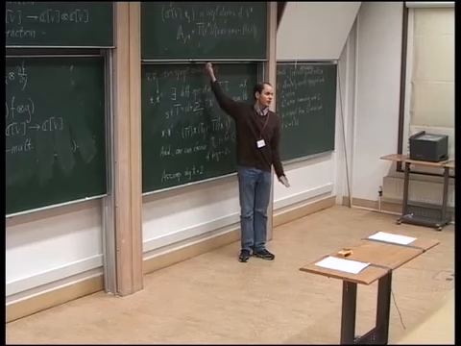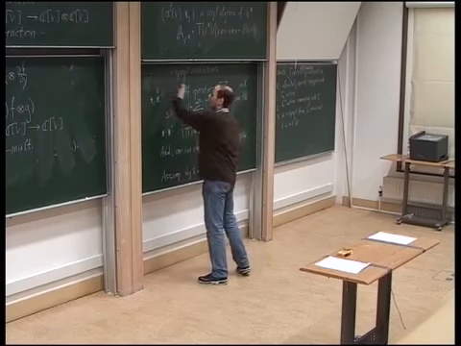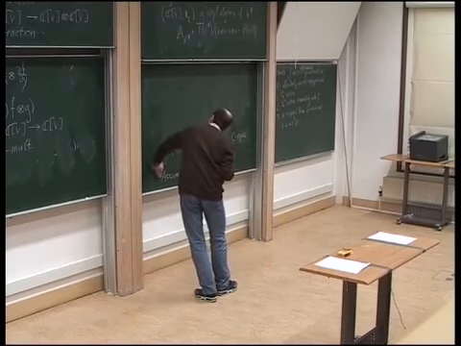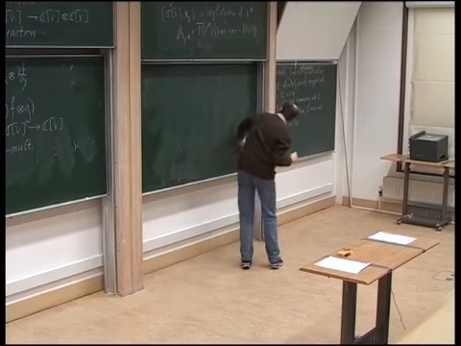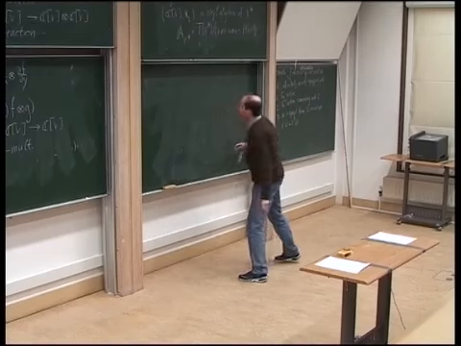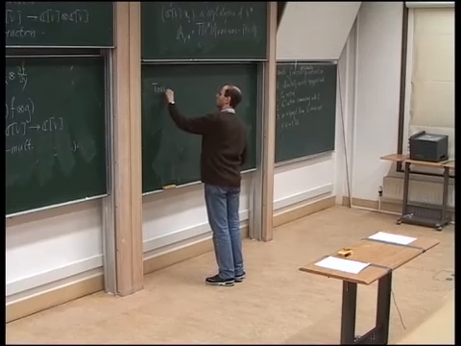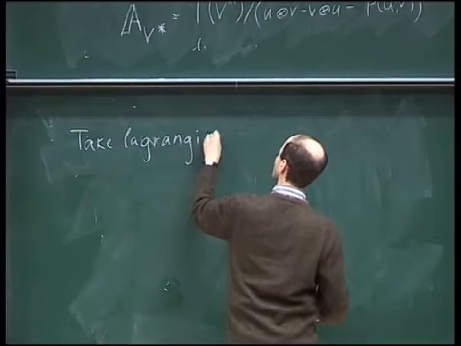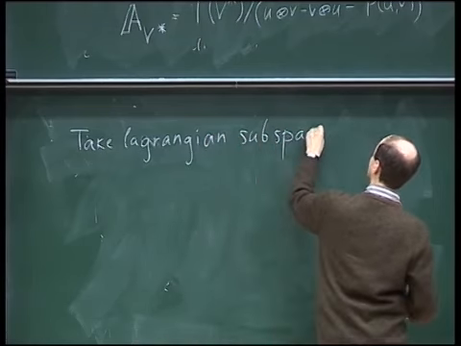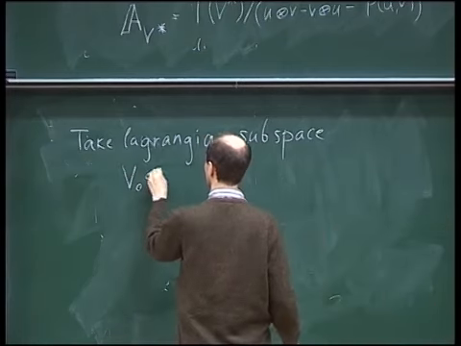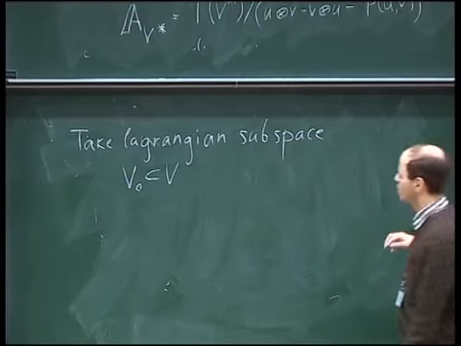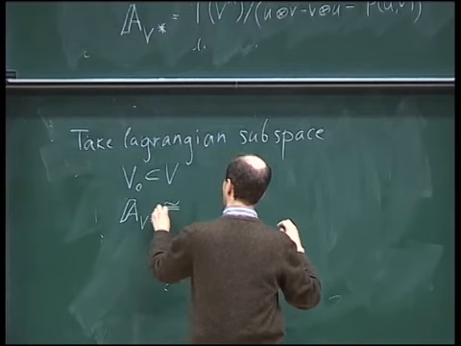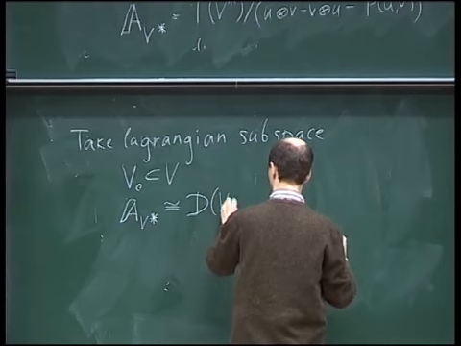And actually, we have encountered this algebra during the school already. Namely, we can take a Lagrangian subspace, say V naught in V, then this Weyl algebra becomes isomorphic to the algebra of differential operators on V naught.